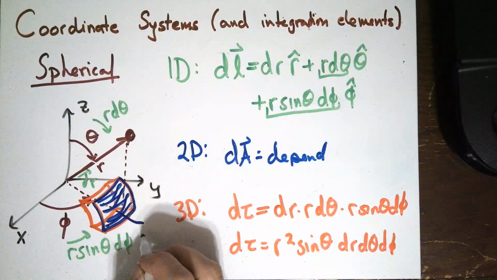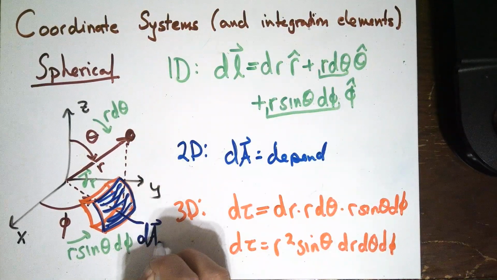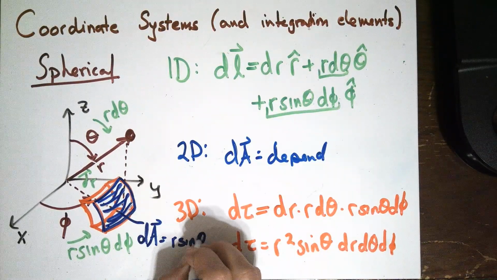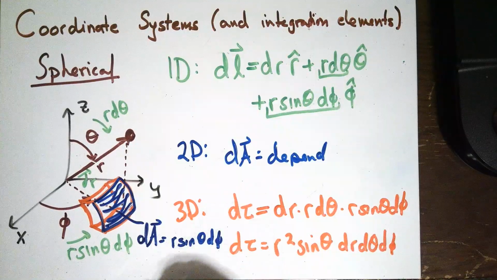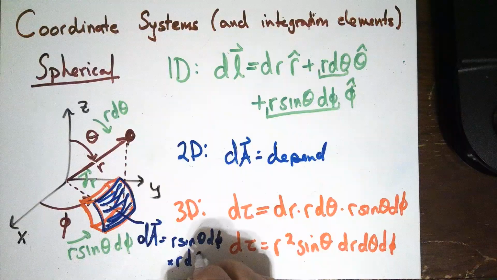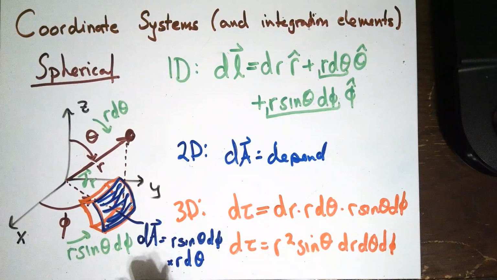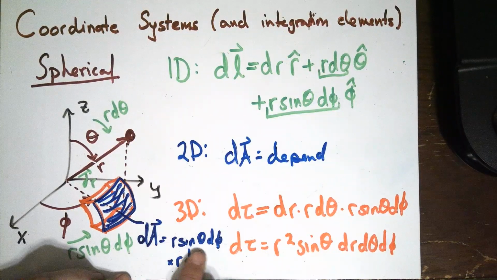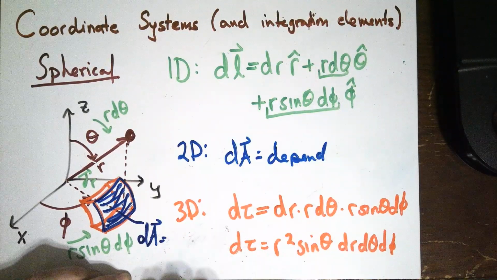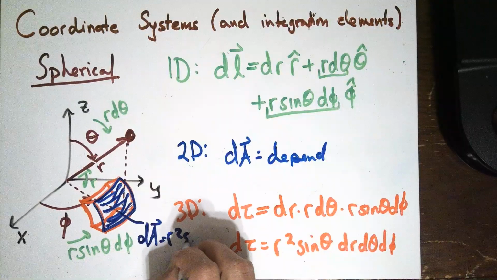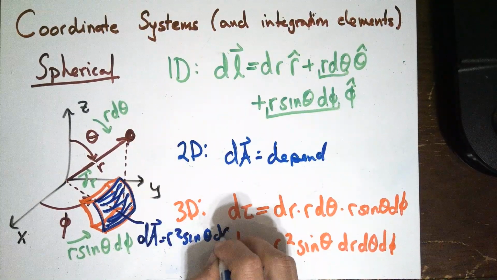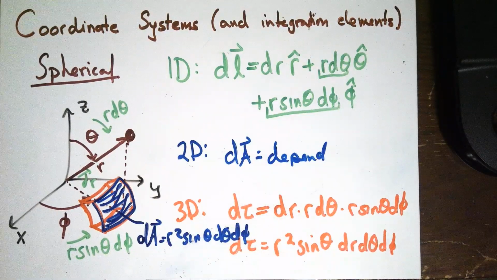So this area would be this guy, r sine theta d phi, times this guy, r d theta, or if we simplify it, r squared sine theta d theta d phi.